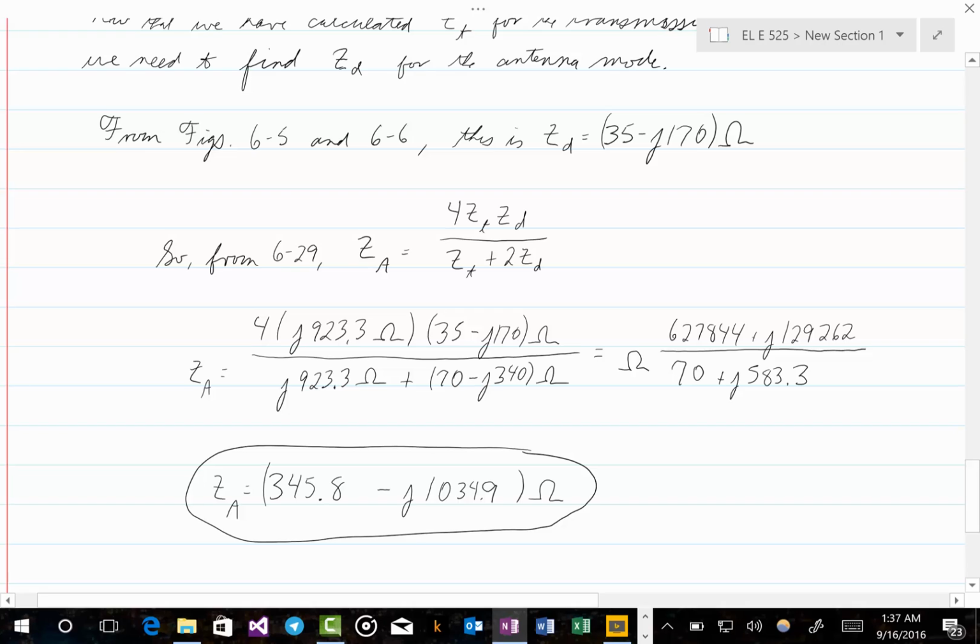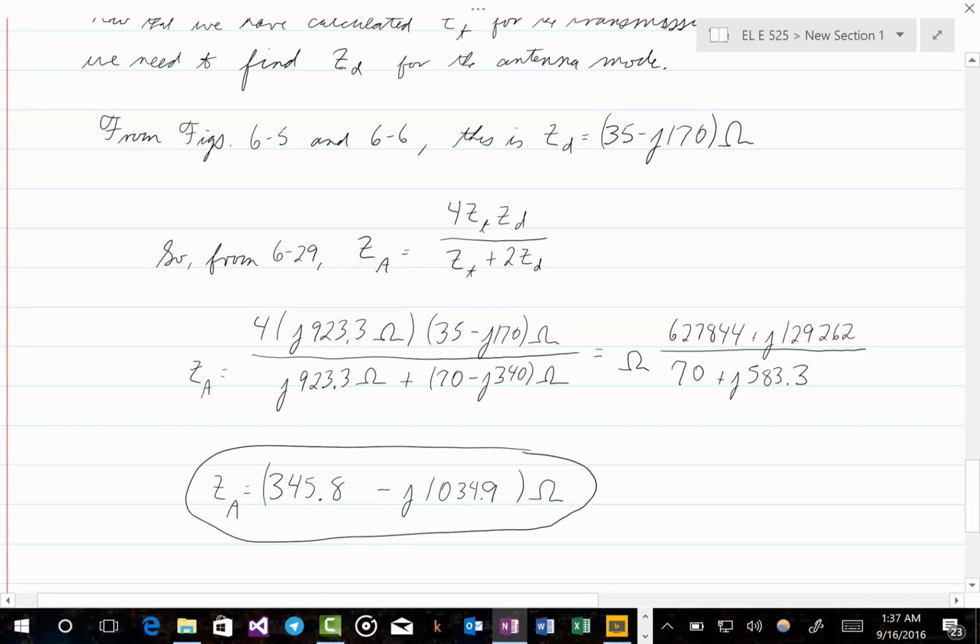And the only trick about this is obviously just simple algebra. The only trick about it is that, as we've already seen, ZT and ZD are both complex numbers. Actually, ZT is pure imaginary, and ZD has both real and imaginary parts.